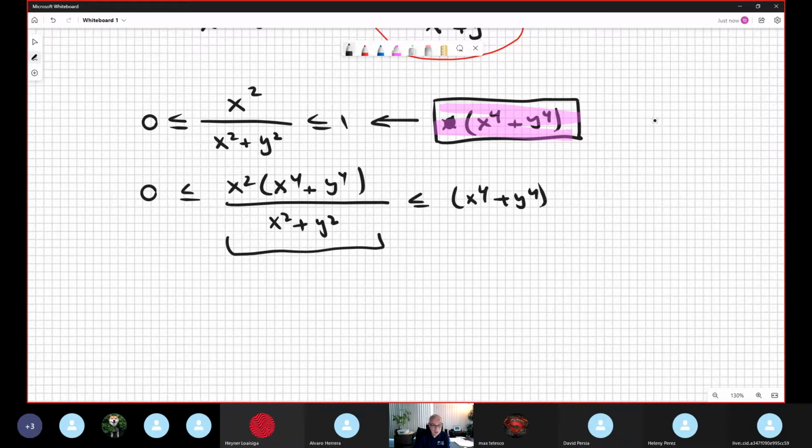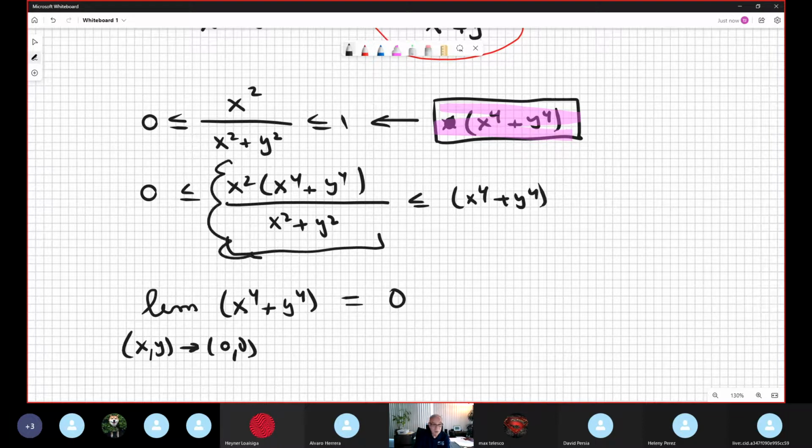The limit is 0, but the limit of this, when x, y approaches 0, 0, obviously is 0. Therefore, the limit of the more complicated expression is always 0 by the squeezy theorem. This is the justification. Cool.